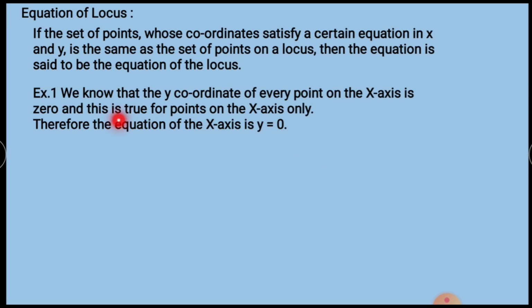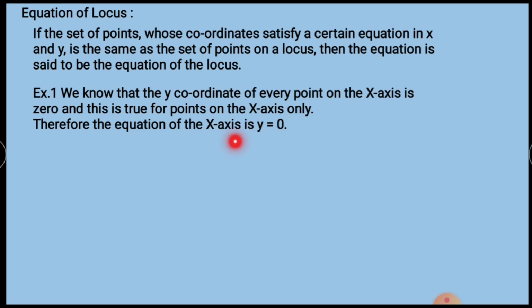So see here, for example, we know that the y coordinate of every point on x axis is 0. So in class 10 we discussed equation of x axis, equation of y axis. We know that equation of x axis is y equals 0 because for every point on x axis y coordinate is 0, and this is true for points on the x axis only, and this is a specific condition, so we write here this is true for points on the x axis only.